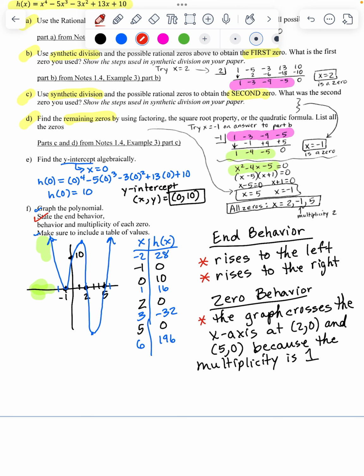The second multiplicity behavior we see in this graph is at the last x-intercept, -1, in our graph. The graph didn't cross the x-axis, it touched the x-axis and turned.